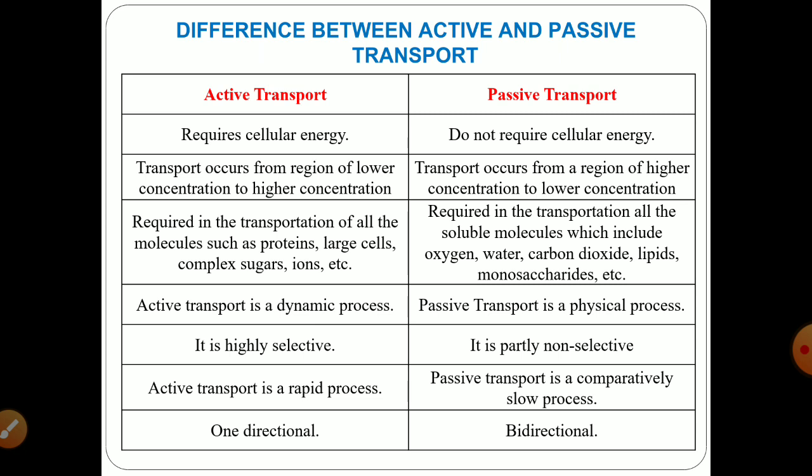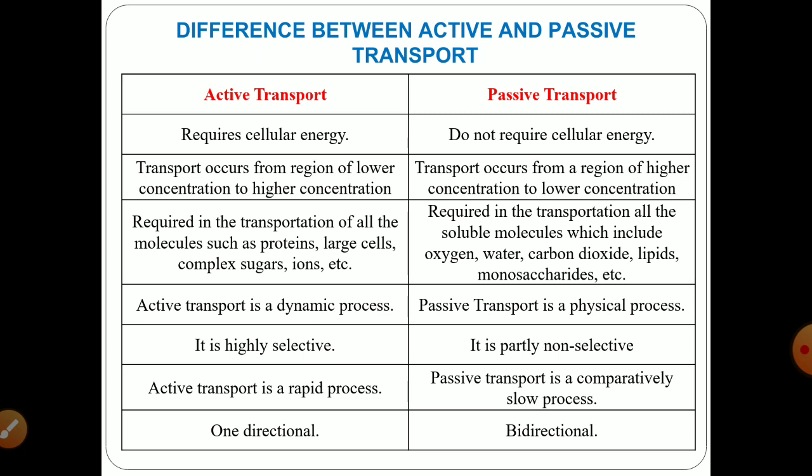Active transport is a dynamic process, whereas passive transport is a physical process. Compared to passive transport, active transport is highly selective, whereas passive transport is a partly non-selective process, and thus active transport is a rapid process, whereas passive transport is quite slow in comparison.